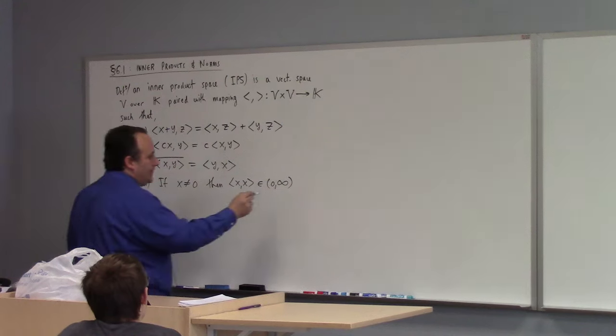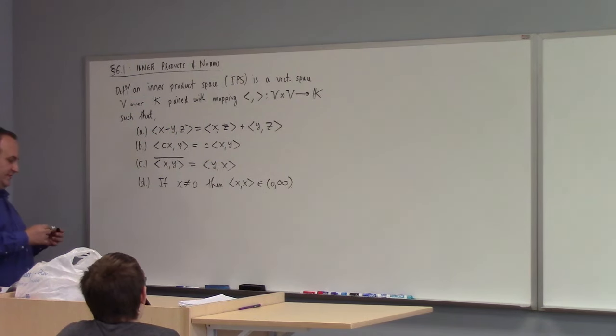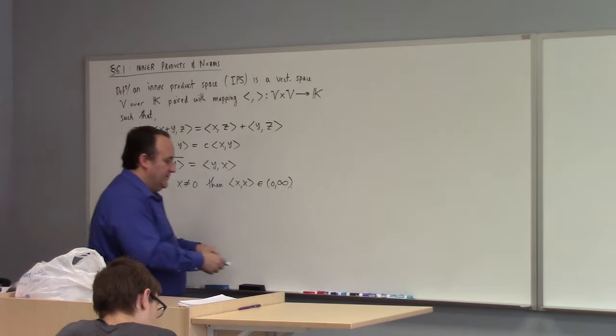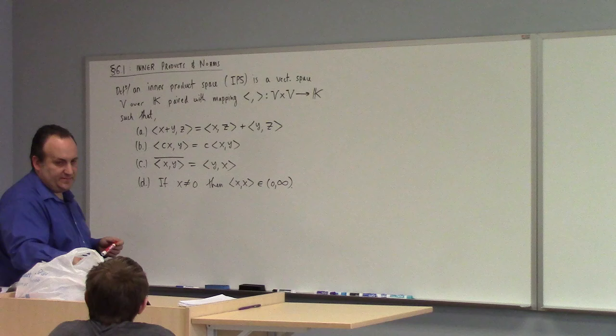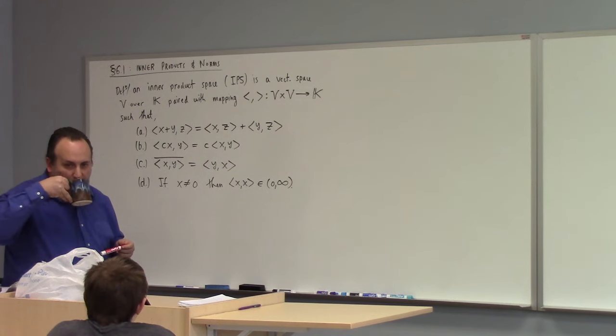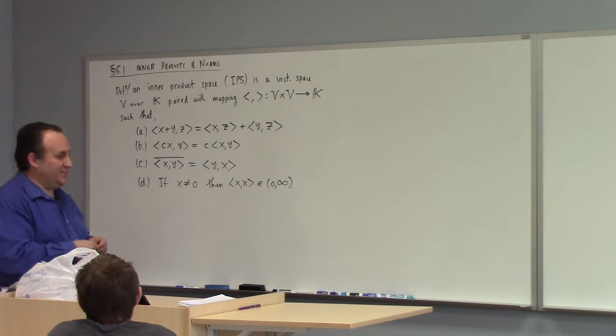So, when I write K, I have primarily in mind either the reals or the complexes. And so, what's the complex conjugate in the real number system? Just the complex conjugate of x is x? Exactly.